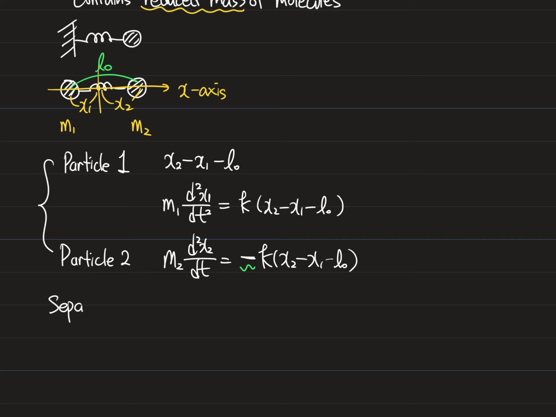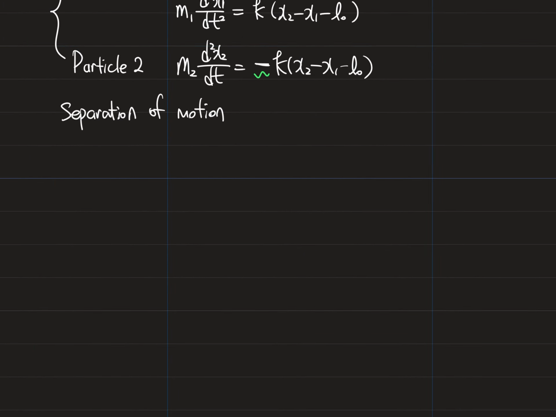Separation of motion. The first is the overall motion of the entire molecule through space, which is the translational motion, and the second is the internal motion of the atoms relative to each other, the vibration.